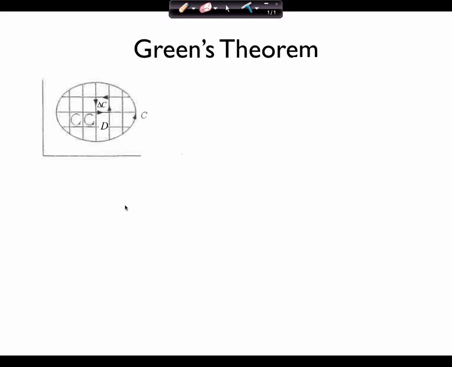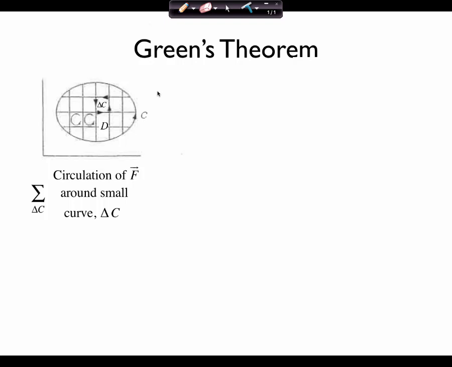So both of those sides of the equation can stem from this. I'm going to sum up all these little circulations around little c's, delta c. All right, so I'm going to chop up the interior region, and then I'm going to look at each little piece. I'm going to do a little circulation integral around each piece, and by summing all those up, I can get to both sides of Green's theorem.